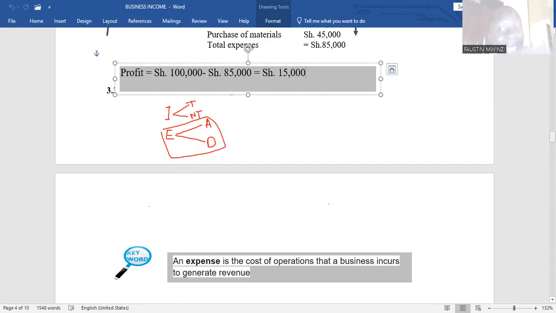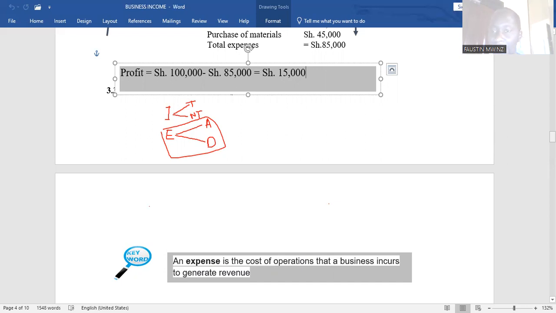What I'm trying to say is, in accounting, you deduct all expenses. But when it comes to tax, you'll be taught that some are allowable and others are not. So the law will tell you the ones that are allowable and the ones that are not allowable.